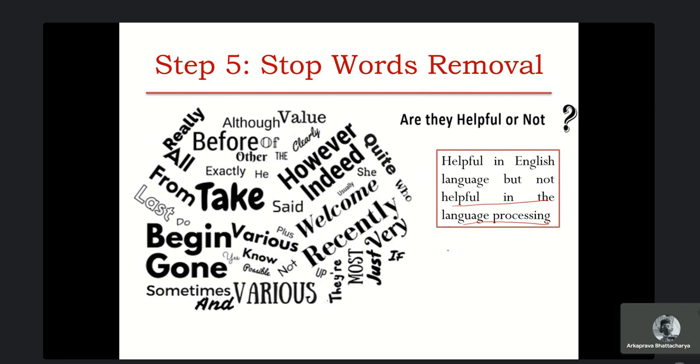For example, in sentiment analysis, we generally need the nouns, the adverbs, and the adjectives. These are very important tag sets. Apart from this, there is no need for me to get all the stop words into my collection.